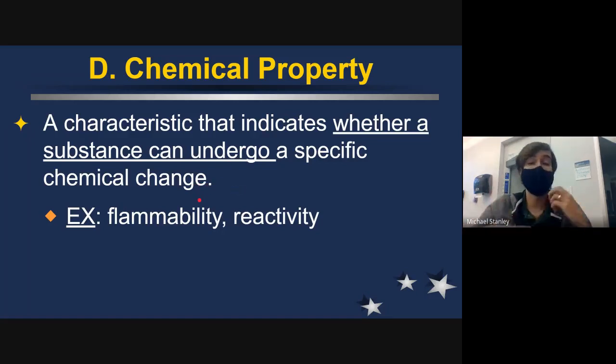So chemical property: will something go through a chemical change? If it does, that chemical change means that we start off with one set of substances, but end up with something new, something different that wasn't there before. If we take our substance and change how it looks, but we still have the same chemicals, the same substance at the end of the process, it's only gone through a physical change, not a chemical change.